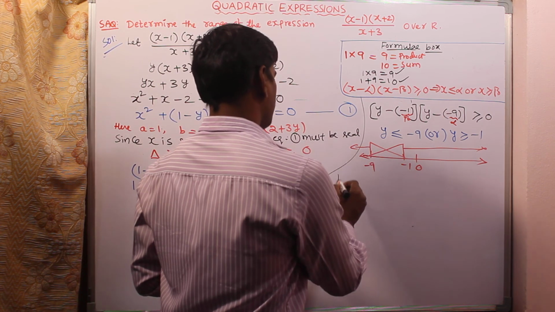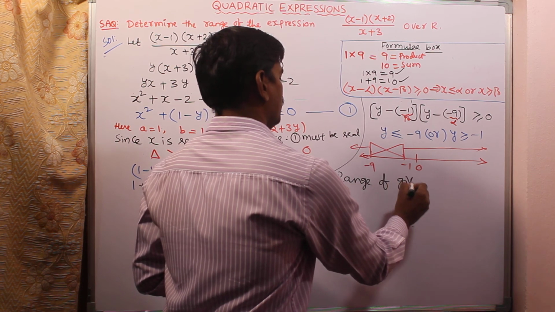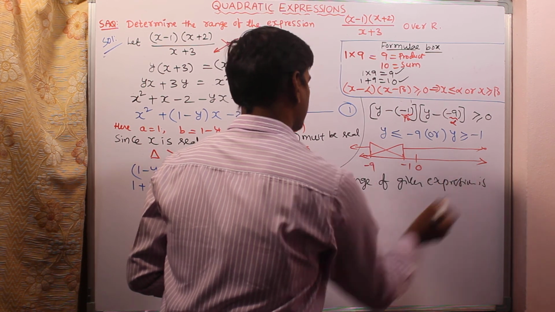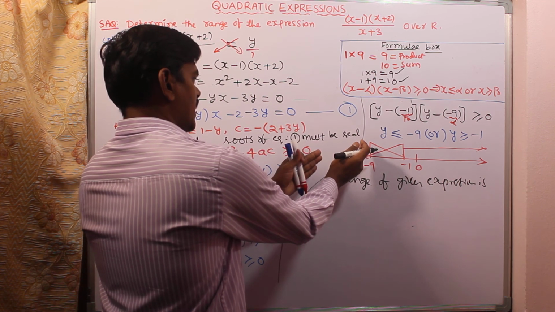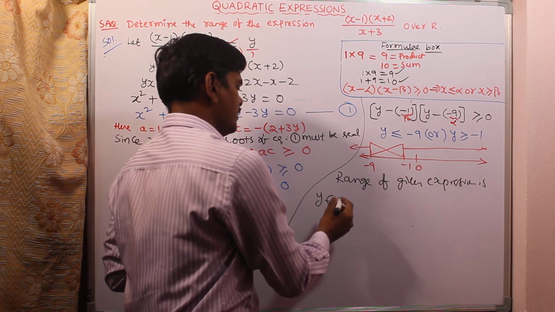So how can you write the range of the given expression now? The range of the given expression is y belongs to: y value less than or equal to minus 9. How much less we don't know, so the least possible value is minus infinity.